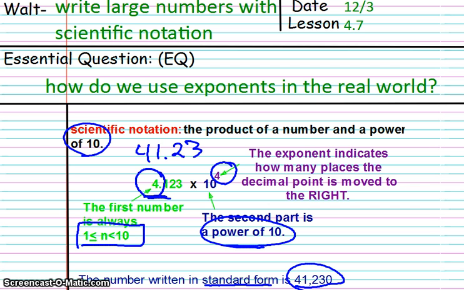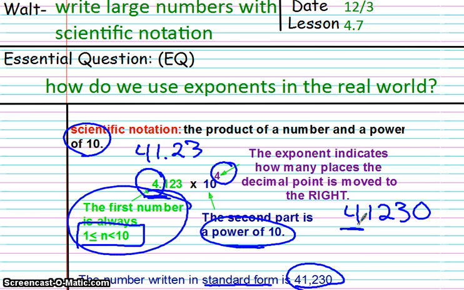So let's show how to get that right now. We're going to take 41230. By definition, the first number always has to be greater than or equal to 1 and less than 10. So 4 is between 1 and 10, so we will put the decimal place right there.